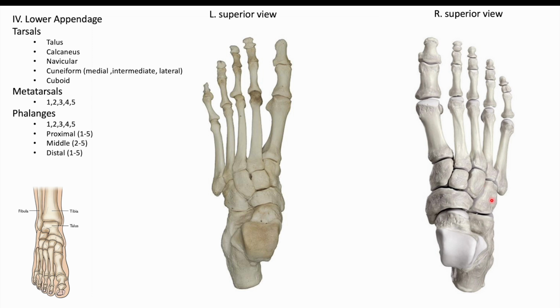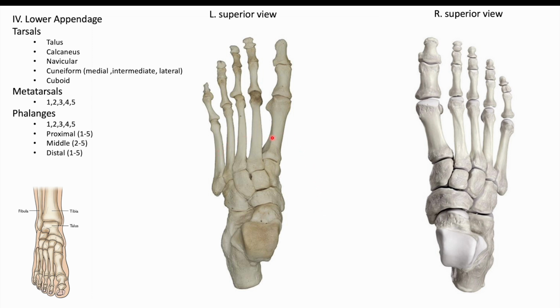And this right here is the cuboid, and this again is the navicular. This is the talus, and this is the calcaneus, and all of these bones make up the tarsals, which are your ankle bones. There are 7 bones in total: 1, 2, 3, 4, 5, 6, 7. Seven ankle bones.